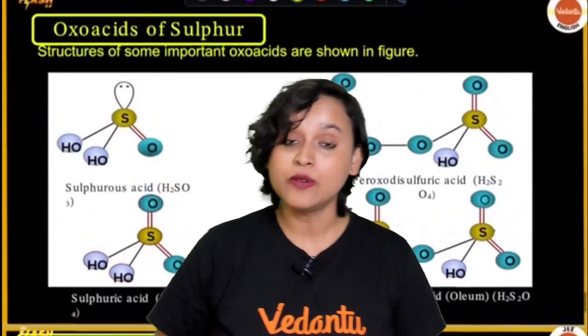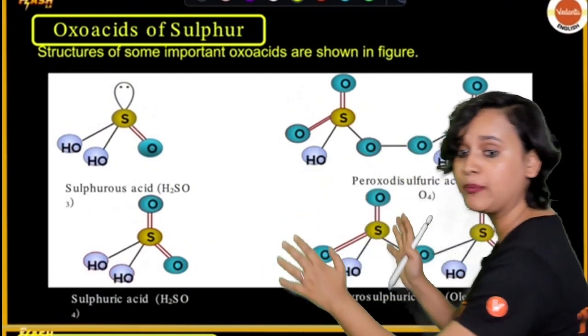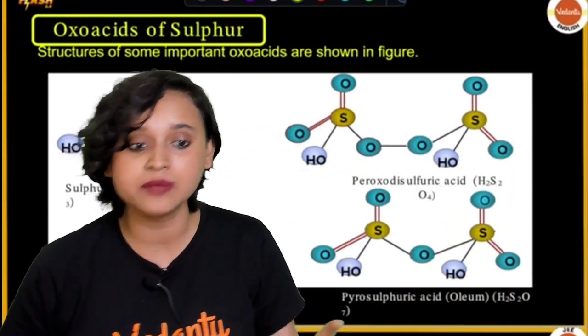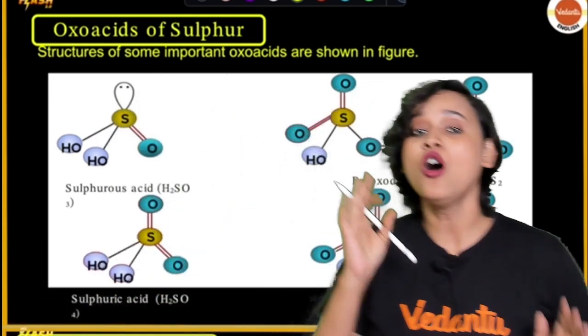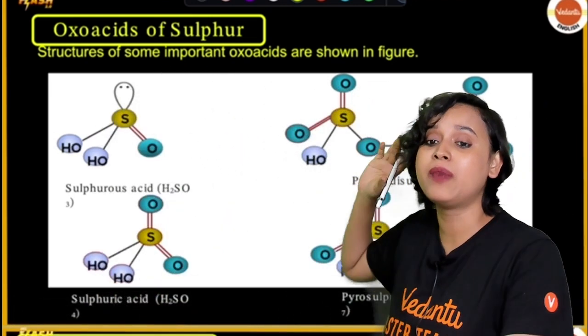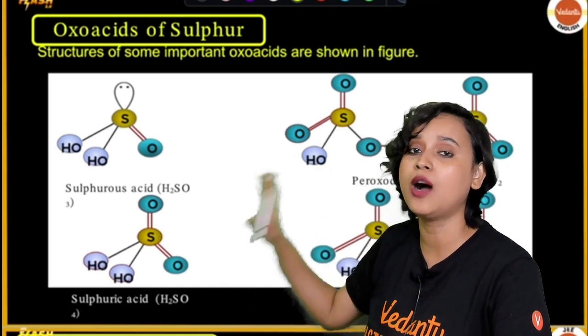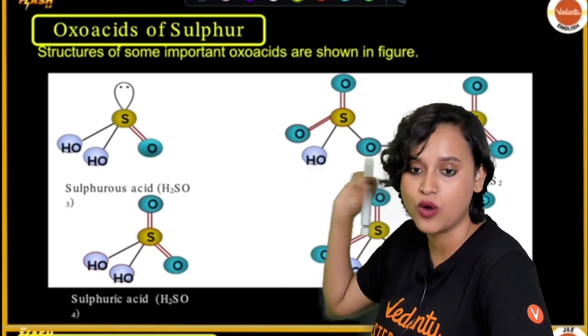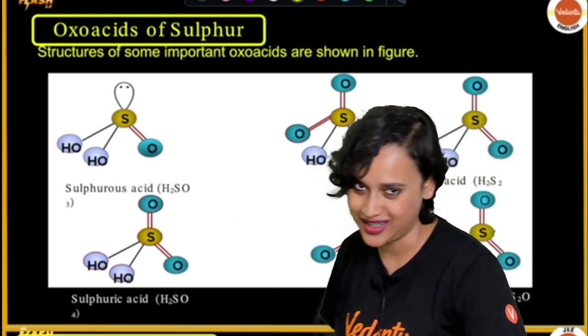Now, once again, everybody, I am just showing you the pictures of oxo acids. Although I know that it is not included in your syllabus, I'm still giving you the list, if and only if by chance they ask you about the oxidation state of oxo acids, then here is where you have it. Calculate it and write it down, please.